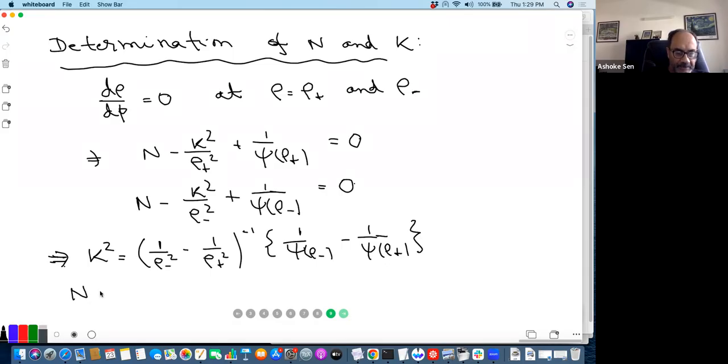To get n, we multiply this by rho plus square, multiply this by rho minus square, and then subtract, so that k square now drops out. So n is minus rho minus square minus rho plus square inverse, and then rho minus square over psi rho minus minus rho plus square over psi rho plus.